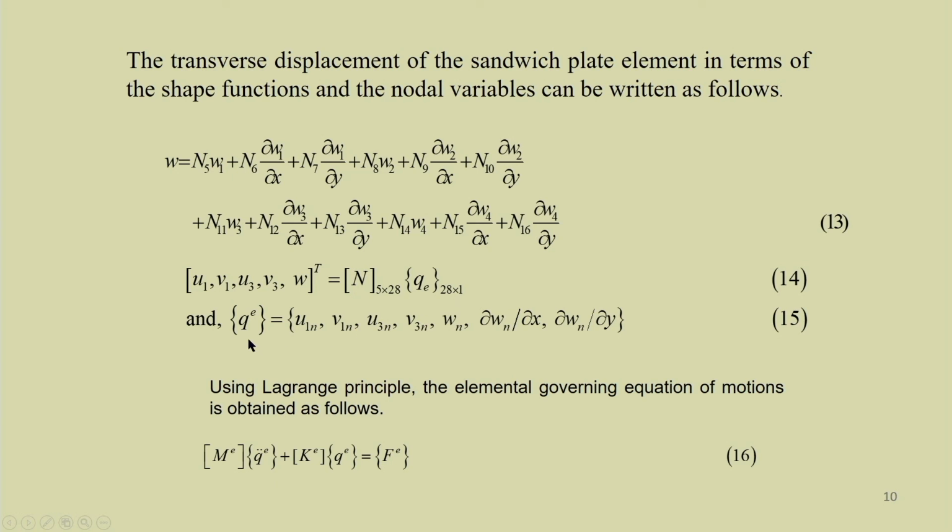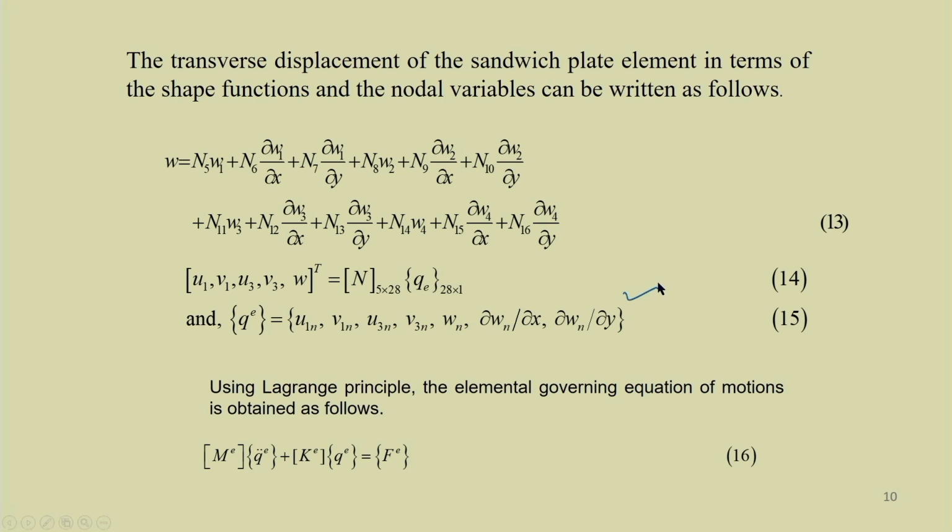Here in this QE, per node, you just see these are the 7 degrees of freedom. That is U1n, V1n, U3n, V3n, Wn. These 5 are displacements, along with that we can take 2 slopes or theta, del Wn by del x, del Wn by del y. This way we have taken 7 degrees of freedom.